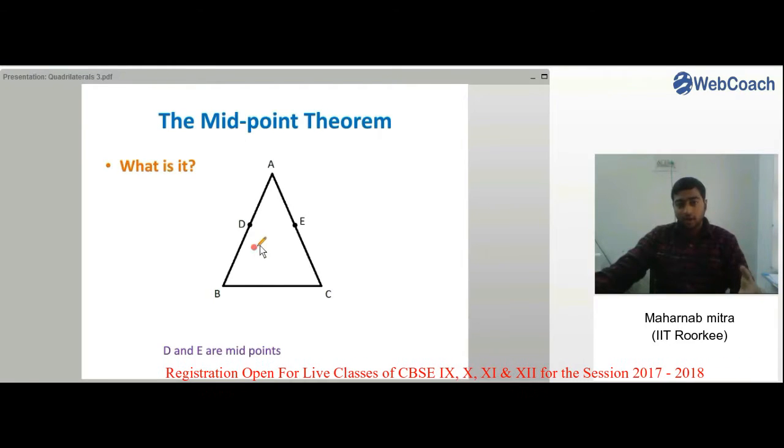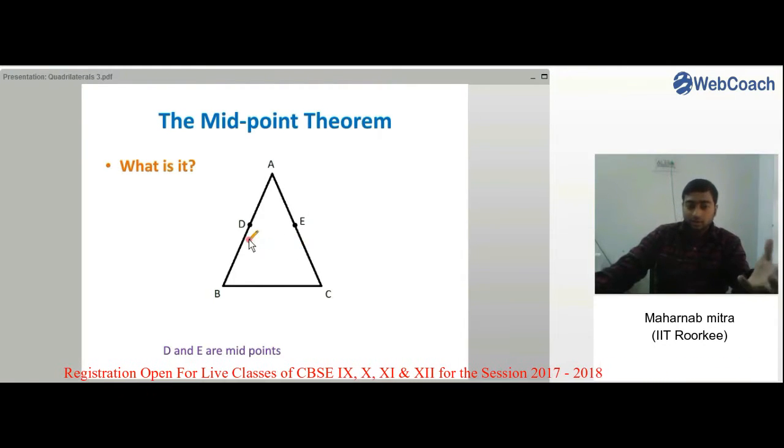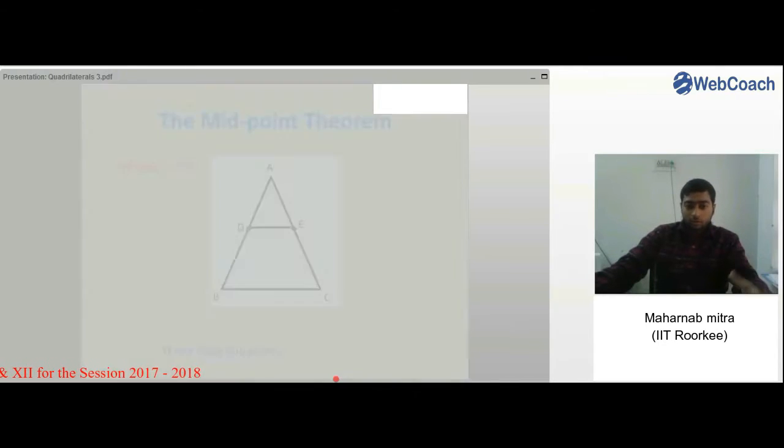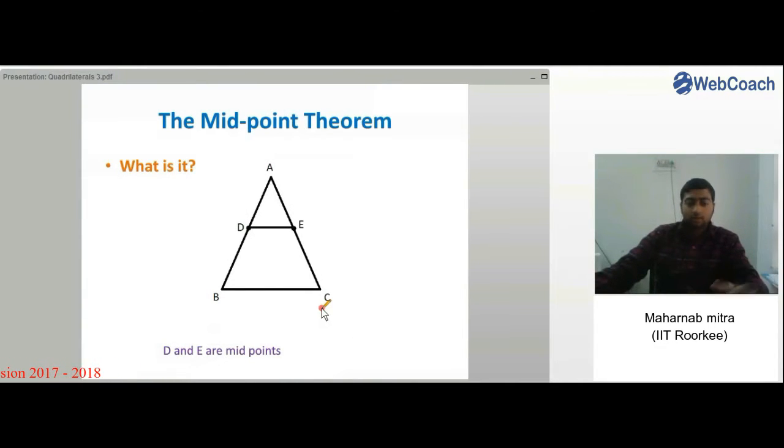You can see the corresponding midpoints of the sides are D and E, right? And what we do, we join D and E, and by joining D and E you can see we have got two straight lines, which is BC and DE.